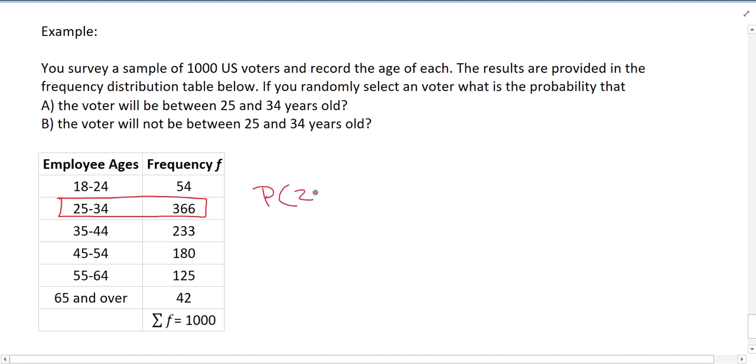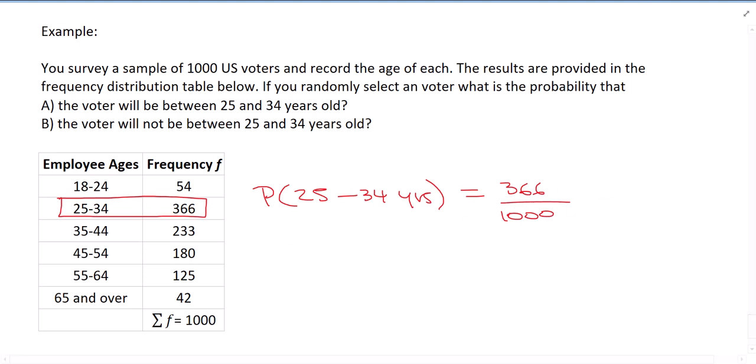The probability of being 25 to 34 years old is 366 out of 1,000. Let's make sure we reduce that, which I think only dividing by 2 works. So this will be 183 out of 500, and that will be my probability.